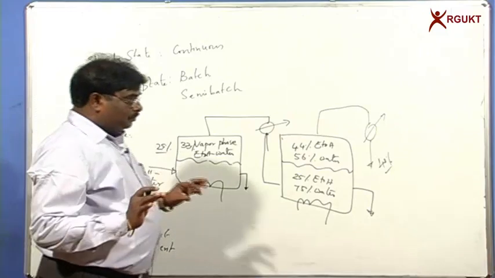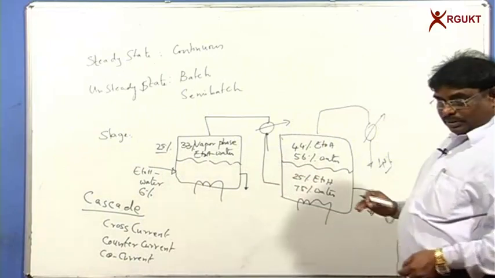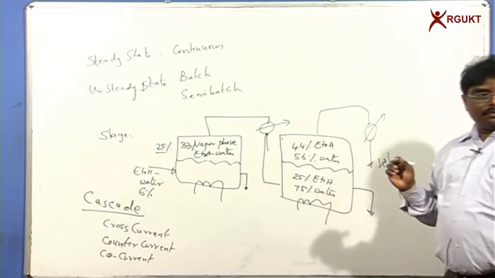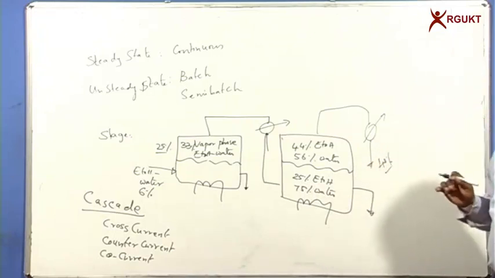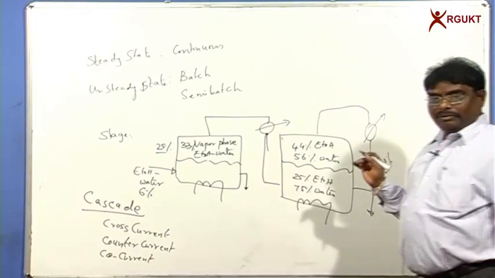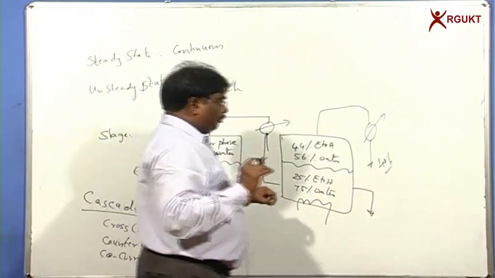And just to make this cascade system clearer, you can imagine how villagers prepare alcohol in the villages, particularly when the government has banned the selling of liquor in open shops.